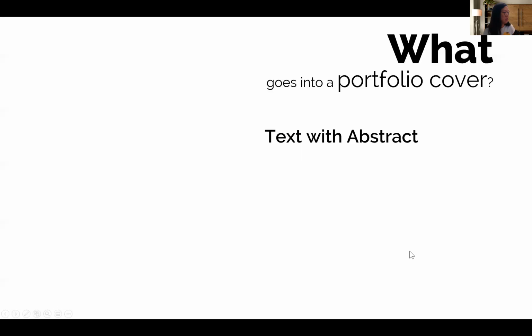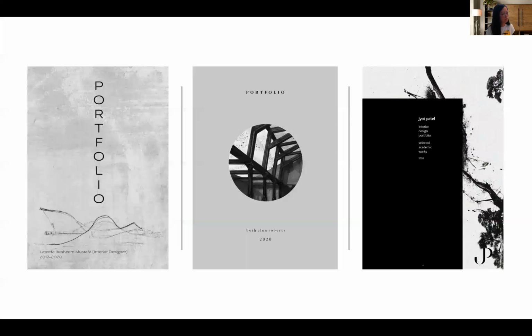The next example is about text with abstract images. Here are the abstract images. With an abstract image, it makes your cover more sophisticated. It is a good source to make your cover a little sophisticated.